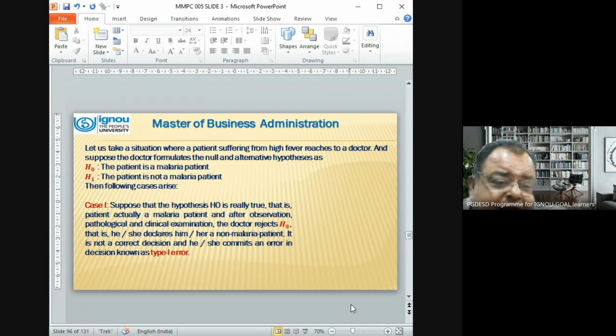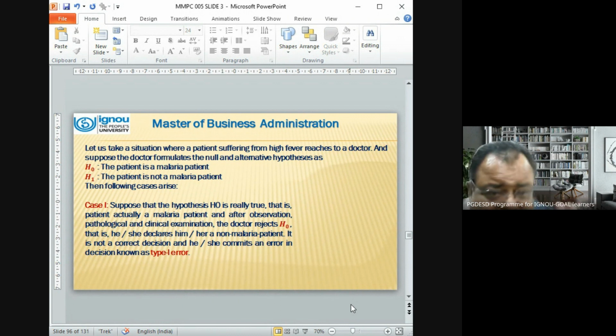Now let us take a situation where a patient suffering from high fever reaches a doctor. And suppose the doctor formulates the null hypothesis and alternate hypothesis as follows. H naught: the patient is a malaria patient, and alternate: the patient is not a malaria patient.